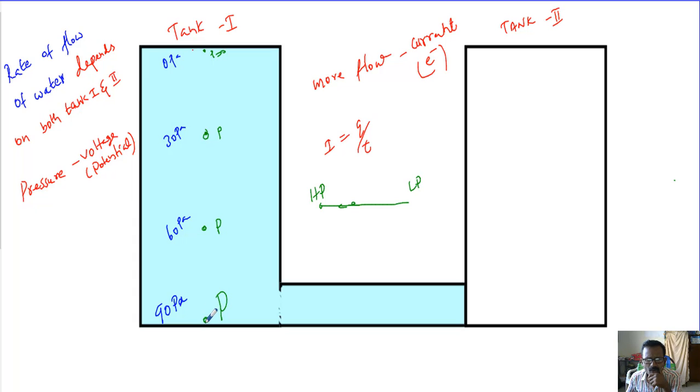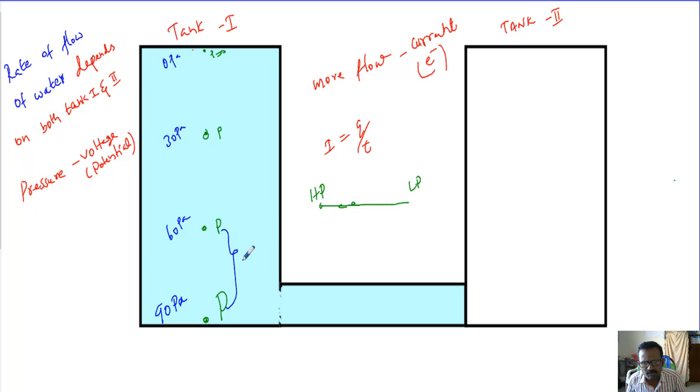You cannot take anything against this, because everything will push downward. This has more pressure: 90 Pascal, 60 Pascal, 30 Pascal. Pressure is compared with voltage.